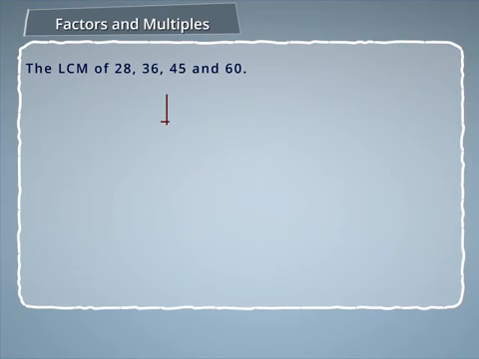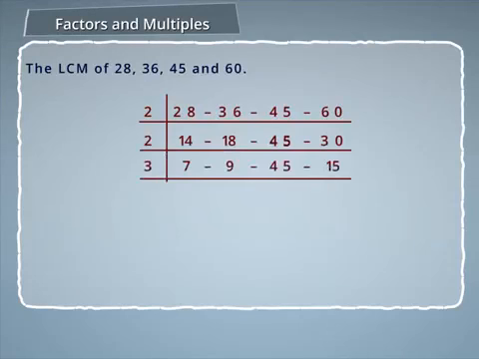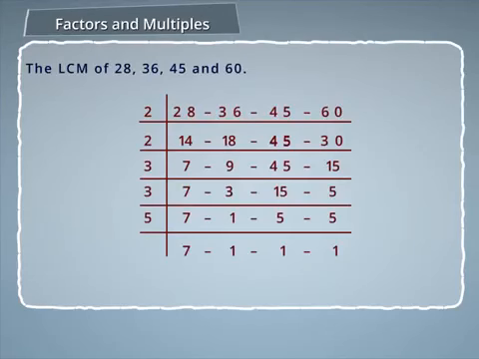Now let us find the LCM of 28, 36, 45 and 60. We start dividing the numbers by 2. Since 45 is not divisible by 2, we carry forward 45 as shown on the screen. We keep on repeating the process. The LCM is 2 into 2 into 3 into 3 into 5 into 7, which is equal to 1260.